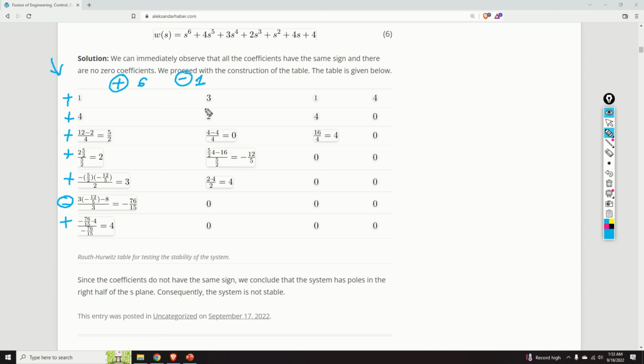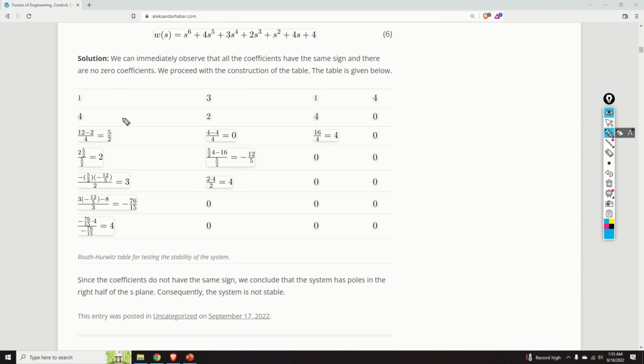Consequently, since not all coefficients have the same sign, we conclude that the system is not stable. Again, since we have 6 coefficients with a positive sign and one coefficient with a negative sign, the system is not stable.